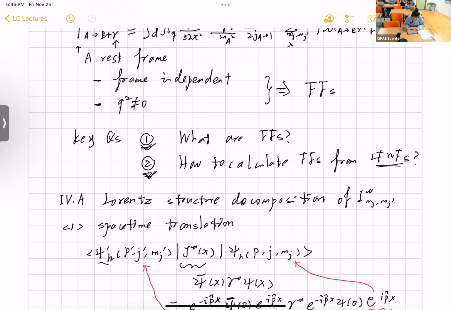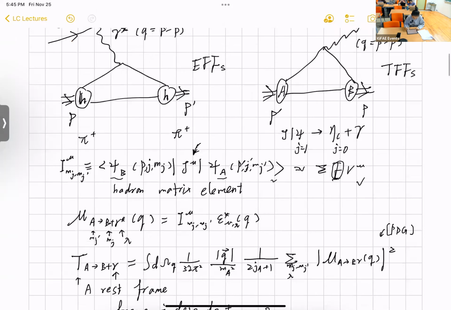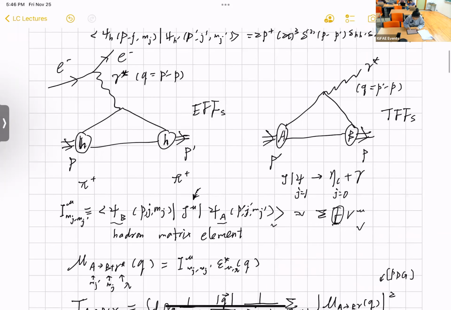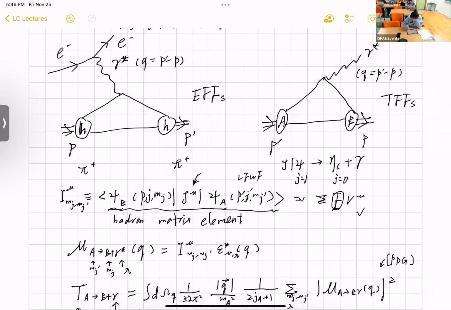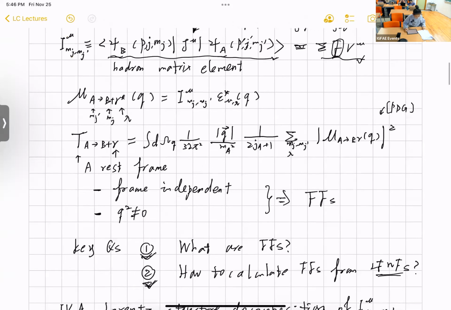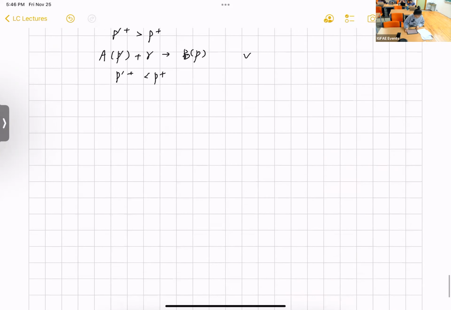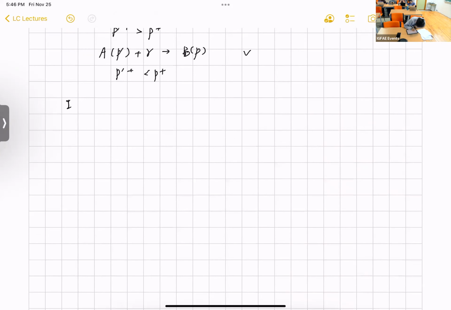Putting both pieces together, this is the left-hand side of the equation. Now we know how to write this in light-front wave functions, and we already know how to do the Lorentz vector decomposition in the first part. So putting these two together, we can get the form factor in terms of the light-front wave functions. Okay. So let's do this.